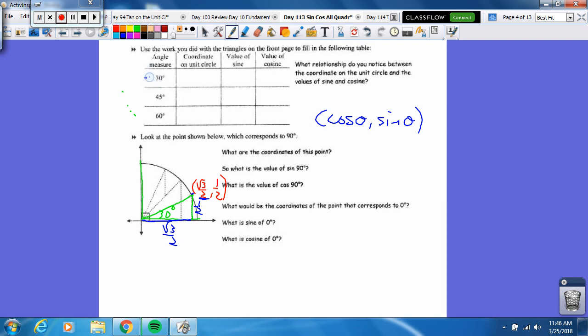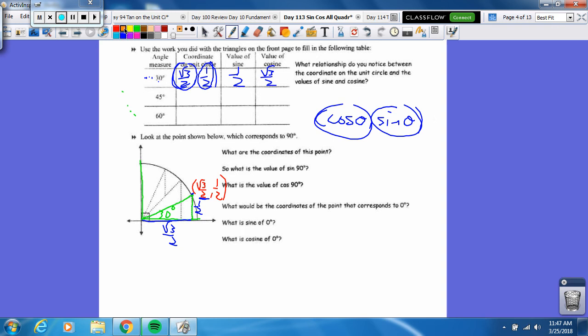So here at 30 degrees, the coordinate is radical 3 over 2, comma 1/2. This is good review. The value of the sine is the y-coordinate right here, and so that's going to be 1/2. Cosine of 30 degrees is the x-coordinate, that would be radical 3 over 2.